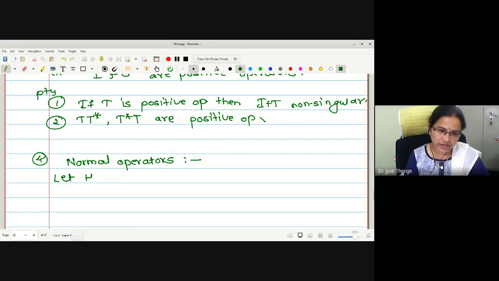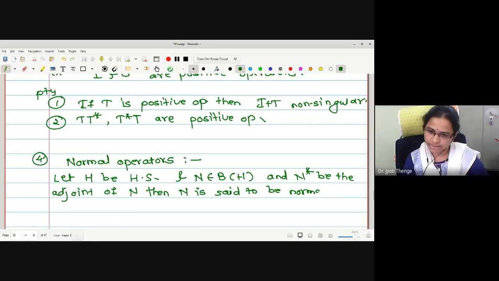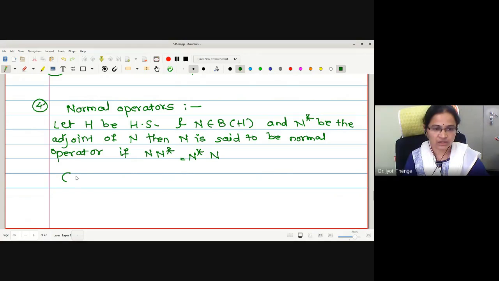Let H be a Hilbert space and N be an operator belonging to B of H and N star be the adjoint of N. Then N is said to be a normal operator if N N star is equal to N star N, that is, if it commutes with its adjoint.